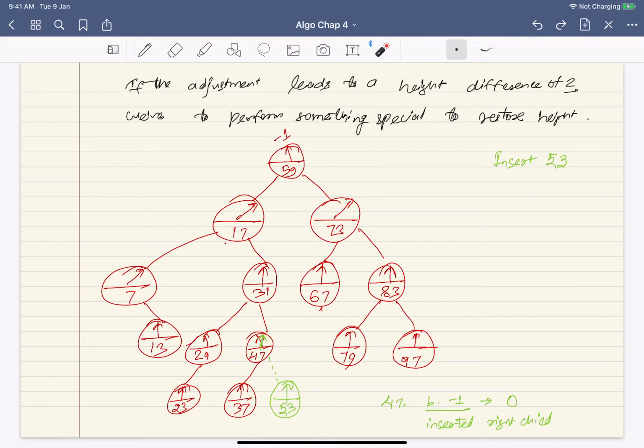Now if I go up, from 47 to 31, let's say this tree has a height of 2 and this tree has a height of 2. Okay, so you can think of height starting from here, on the left side and right side.